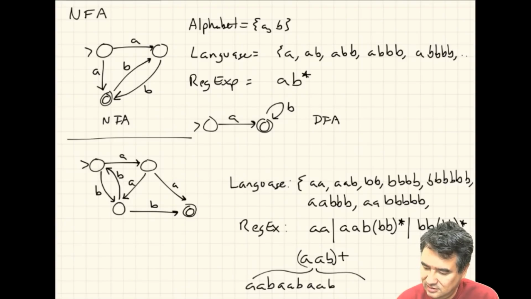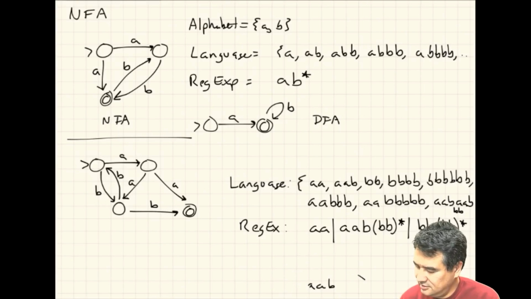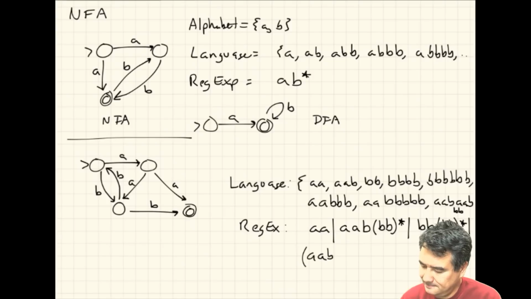That would be a string like AAB, AAB. And then I ran out of space there, but you need more, like another BB or an AA in order to get over to the accepting state. But yeah, there's an AAB in there, which means that another one that we can accept over here is AAB plus, followed by either an AA or BB.